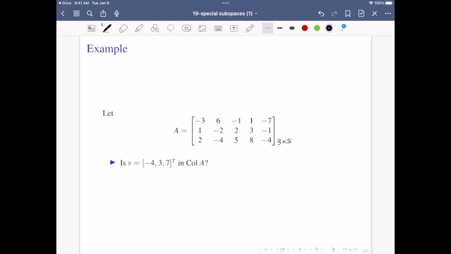And we want to ask if this vector v belongs to Col A. In other words, we want to solve [A v]. At the end, we want to check the last column. If there's no pivot in the last column, then we're done. We can say yes, v is in Col A. Otherwise, it's no.